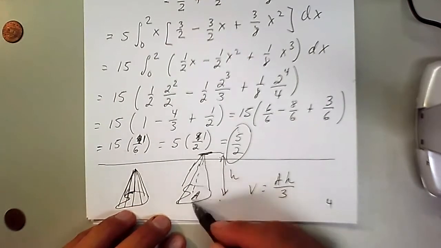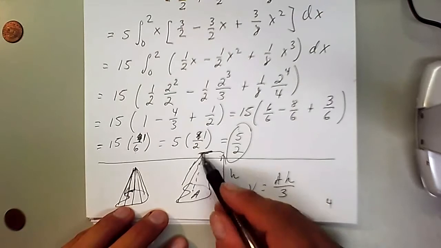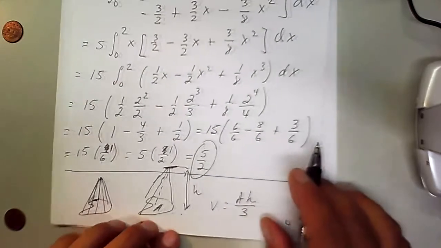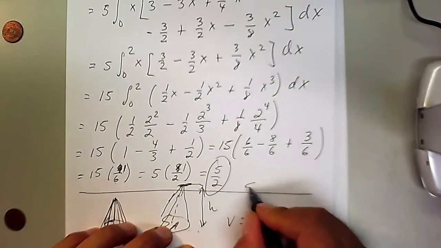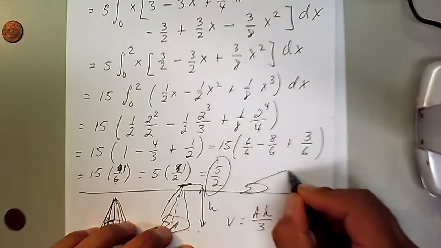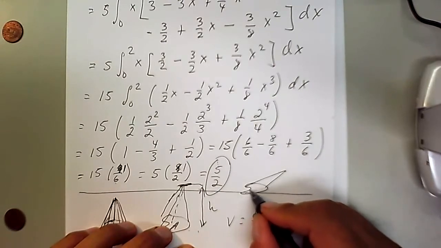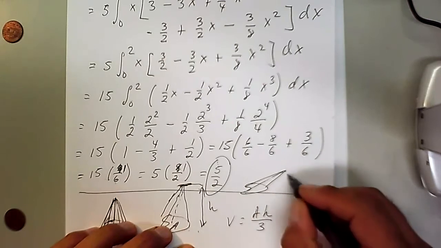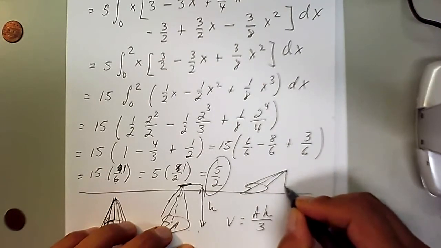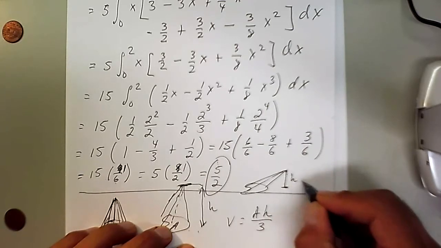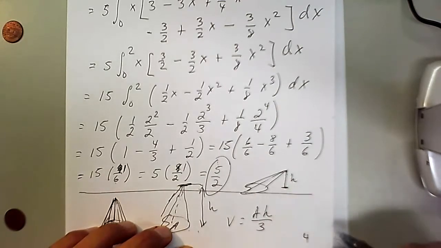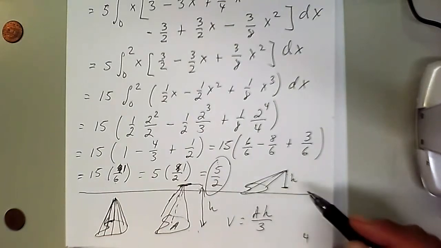And the pyramid doesn't have to be that straight. You can have a pyramid that is oblique, like that. The height still is the distance from the top to the extension of the floor. So the same formula works for this very oblique pyramid.